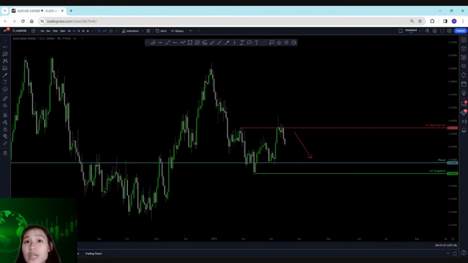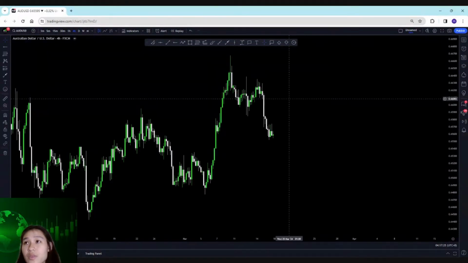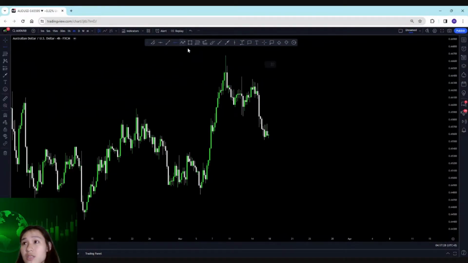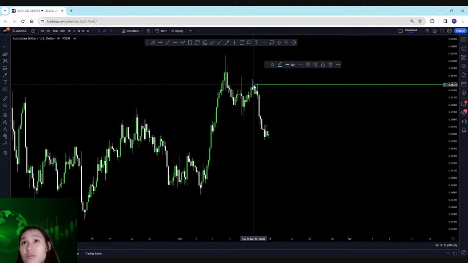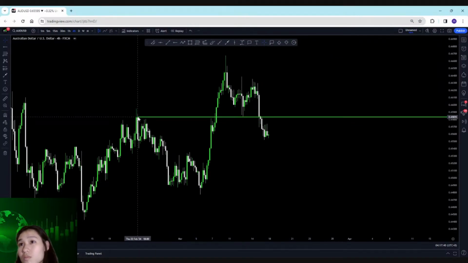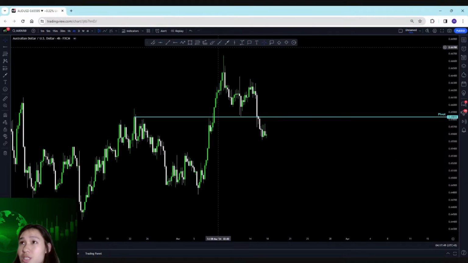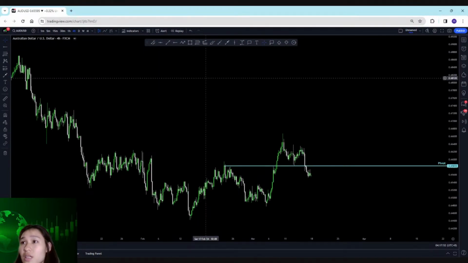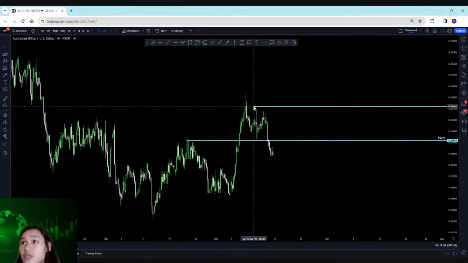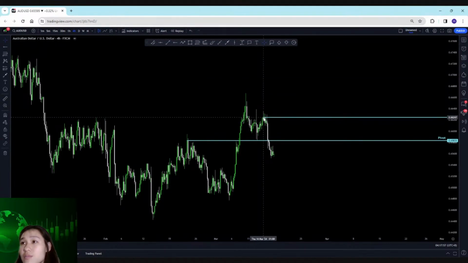Now looking at our 4-hour time frame, same thing. My first resistance will be over here. Probably here instead because it's closer to where... Okay, I think I'll label this as my pivot instead. And then my first resistance, I'll label it here instead.